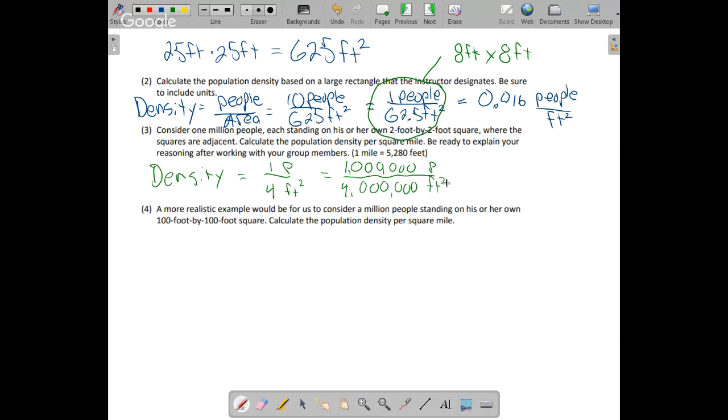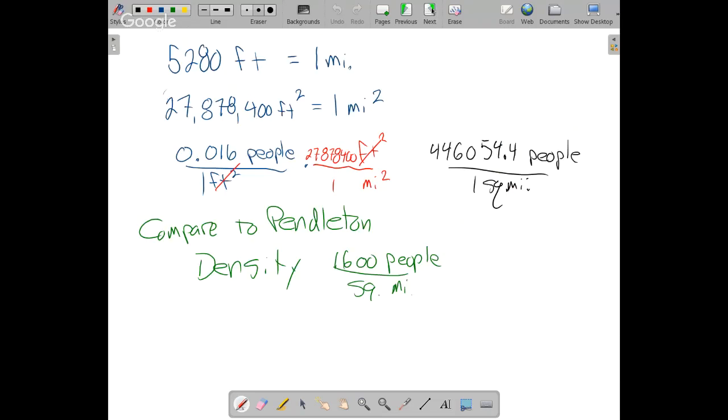So 4 times a million would be just 4 million feet squared. However, we would want to rewrite this in the standard way we talk about population densities in the US, which is people per square mile. So we've got a little bit of work to do on that. So we need a conversion here where we get rid of feet squared and we convert to miles squared. And that value was 27,878,400 feet squared.